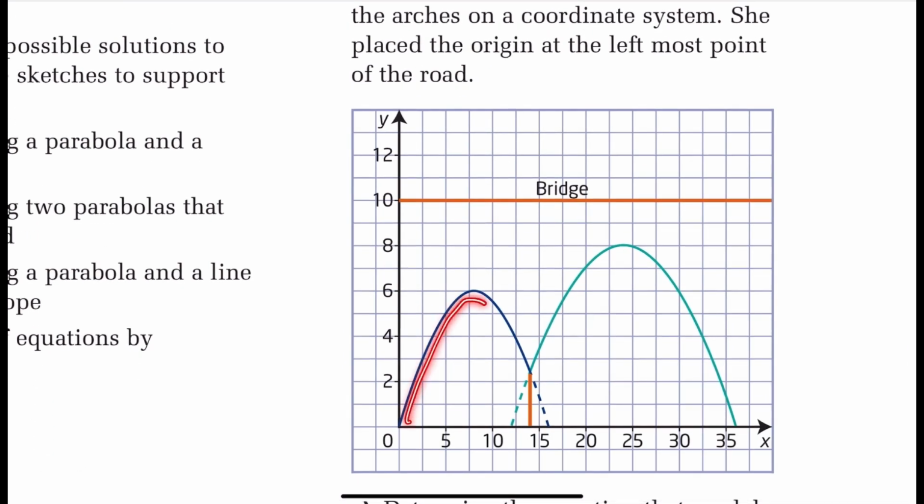We have the first one and the second one, but they just removed this section and put a metallic structure there. So this looks like one bridge, but in reality they are two different parabolas.